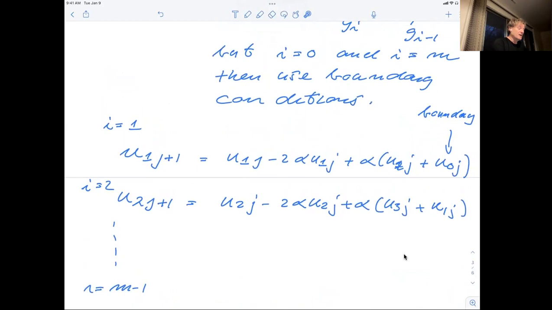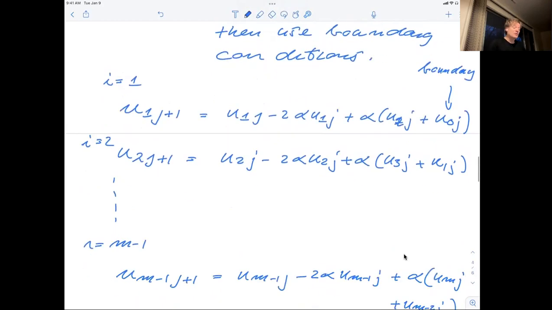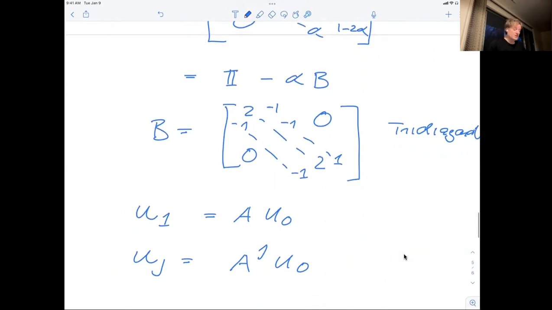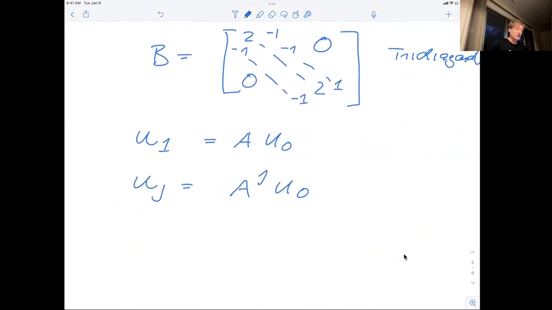Now, one of the drawbacks with this method, which is extremely simple, the forward Euler method, is that it has a very strict stability criterion.